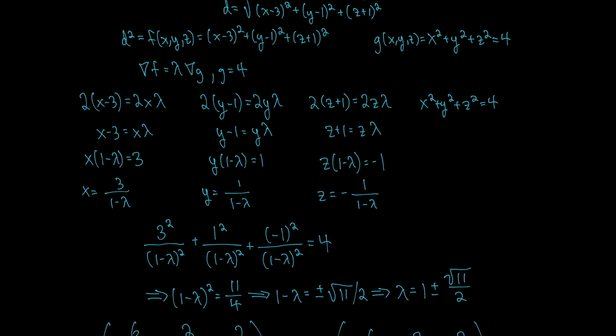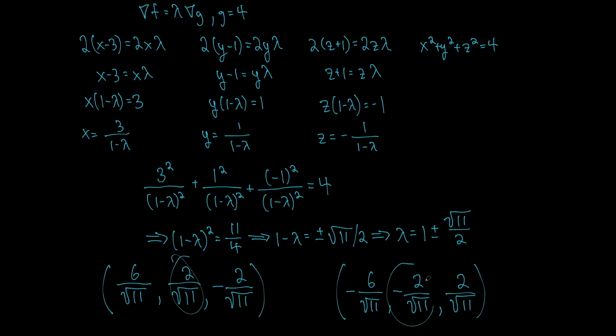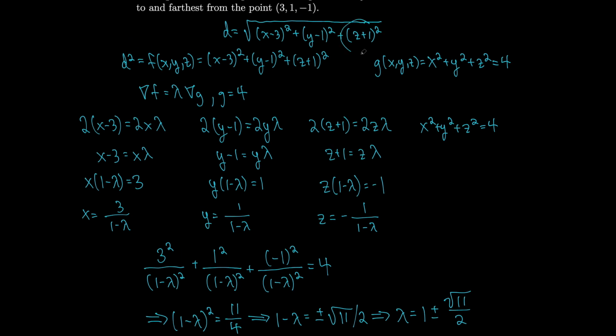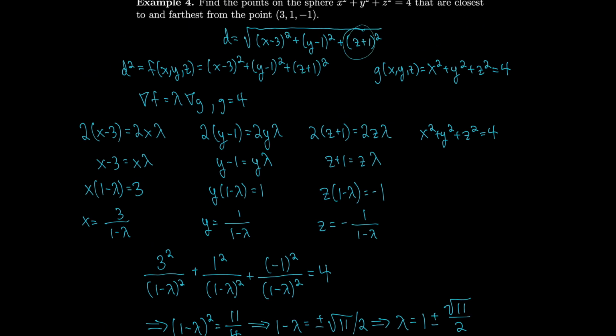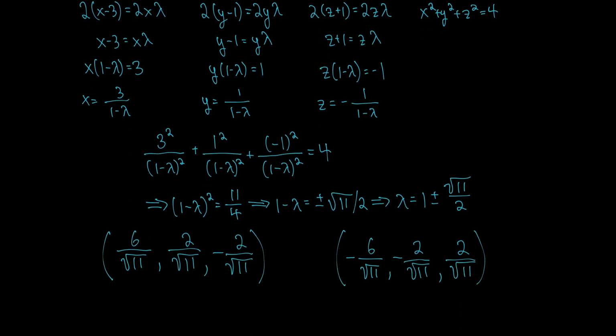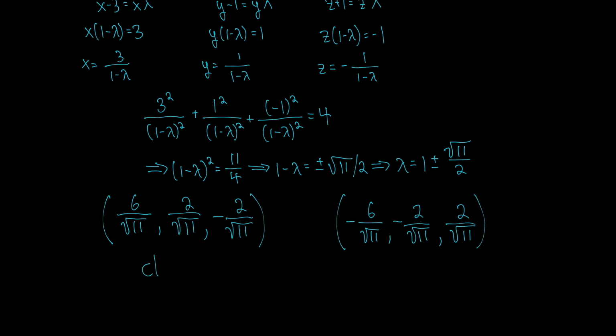And the same logic applies to y minus 1, plugging in 2 over root 11 versus negative 2 over root 11. And then for the last term, z, plugging in the positive will definitely get me farther than plugging in the negative, because for the z term there's a positive. So it looks like this is my closest point, and this is my farthest.